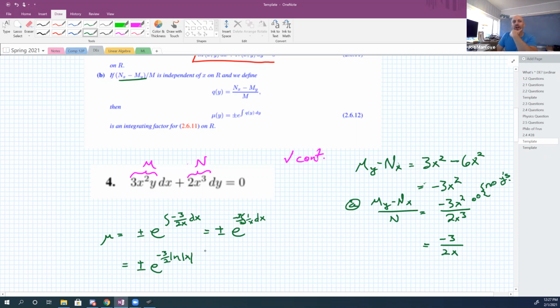You really should have a plus c here. Doesn't really matter. I'm keeping track of this plus or minus too. That also doesn't really matter. In the end here, I'm going to end up multiplying by the positive version. I don't really care whether you keep track of the plus or minus. Why doesn't it matter?